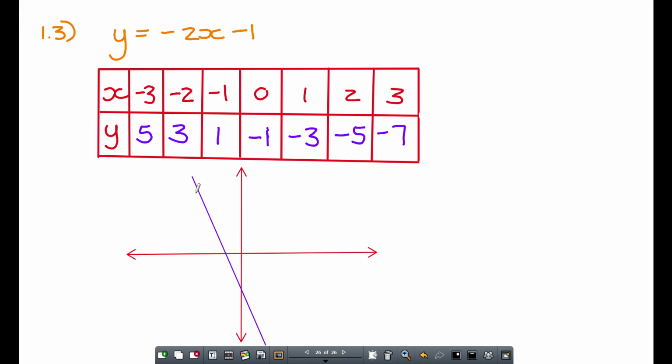Again, mine is not perfect. Minus 3 and 5. This is going to be x is 0 and y is minus 1.